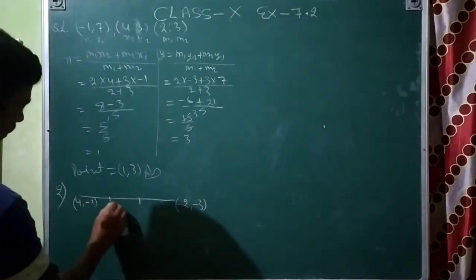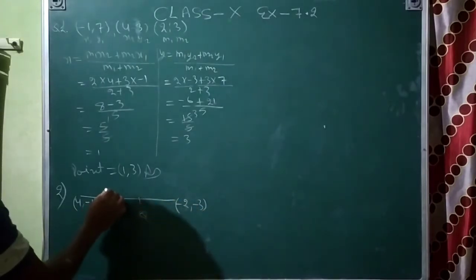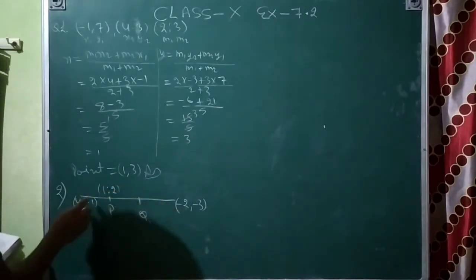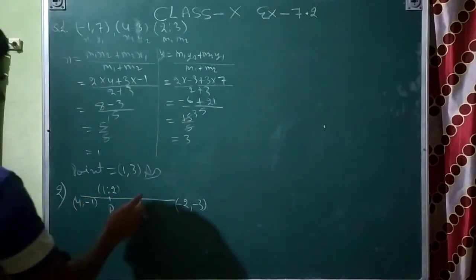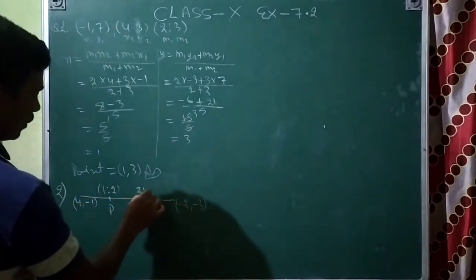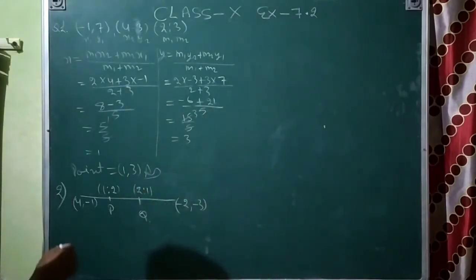Suppose we call the points P and Q. So the ratio will be 1:2, because one part is on that side and two parts are on the other side. For Q the ratio will be 2:1. So first of all we find the point P.